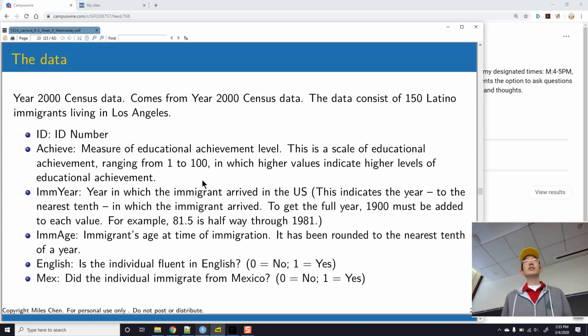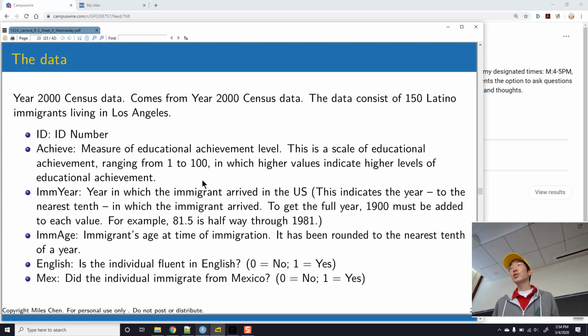So they didn't tell us what does a 50 mean, right? Does 50 mean they graduated high school? Does 50 mean they got through 10th grade? We have no idea what these numbers mean. If somebody earns their bachelor's degree, what number do they get? If someone goes on and becomes a doctor, what number do they get? I don't know, okay? That information is not known.